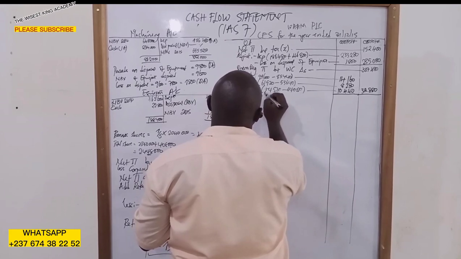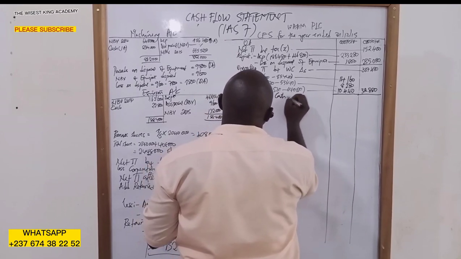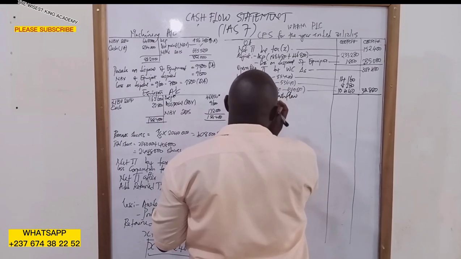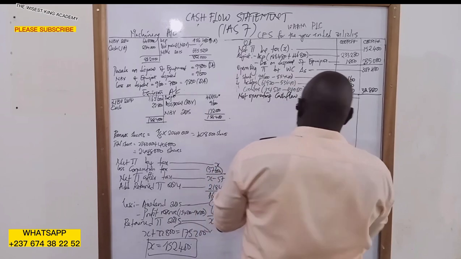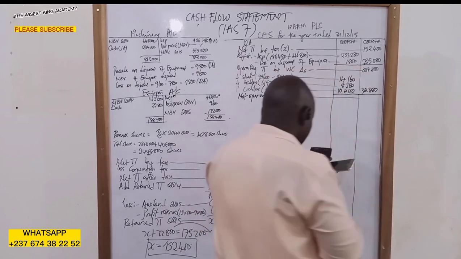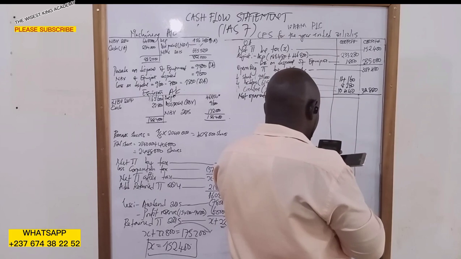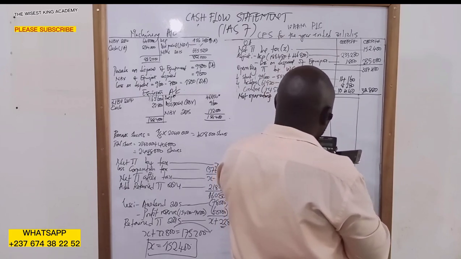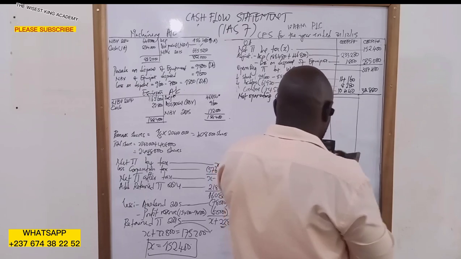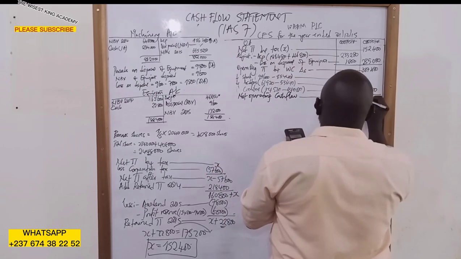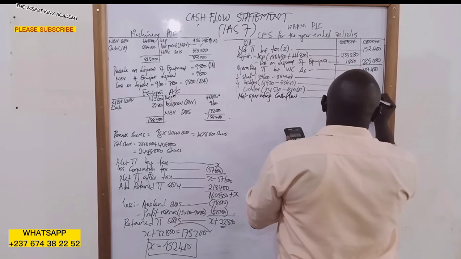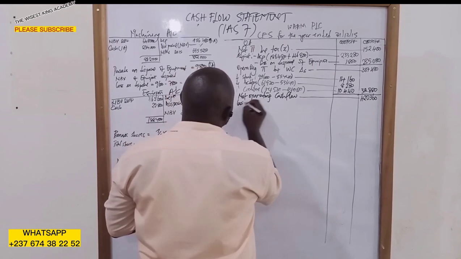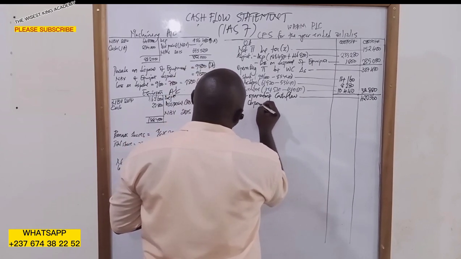So this is net operating cash flow. If I take 387,480 plus 32,880, I'm going to have 420,360. Now I less corporation tax paid.